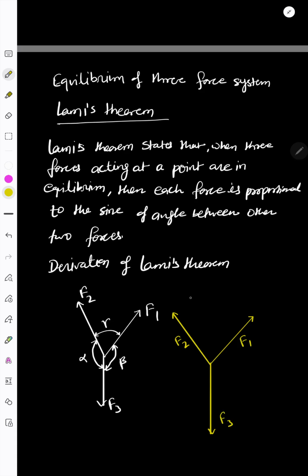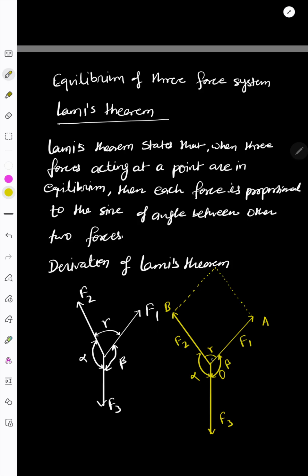By using F1 and F2 we'll make a parallelogram, drawing a line parallel to F1 and a line parallel to F2. We'll name the origin O and points A, B. This is F3, this is alpha, this is beta, and this is gamma.